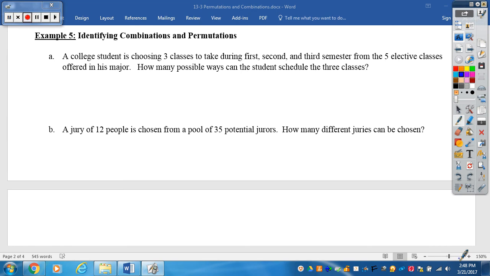So here's letter A. A college student is choosing 3 classes to take during first, second, and third semesters from the 5 elective classes offered in his major. How many possible ways can the student schedule the classes? So the question here is this. Does order matter? Is order an important part of this problem?